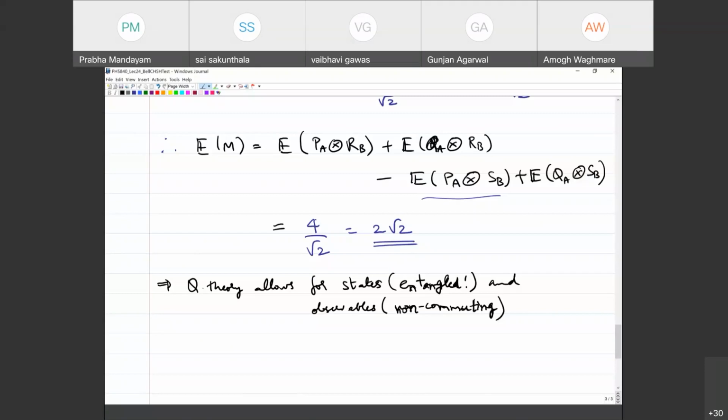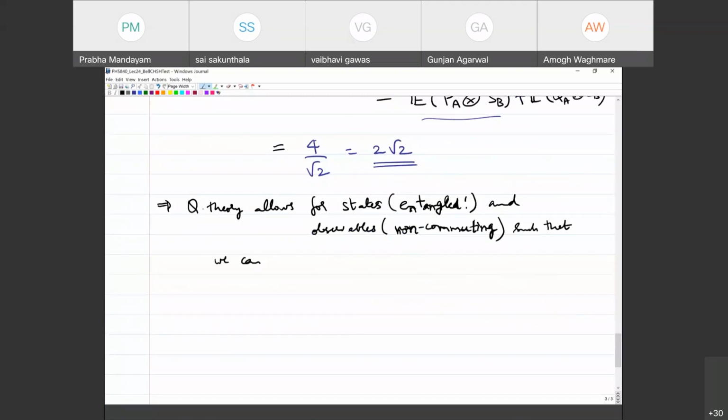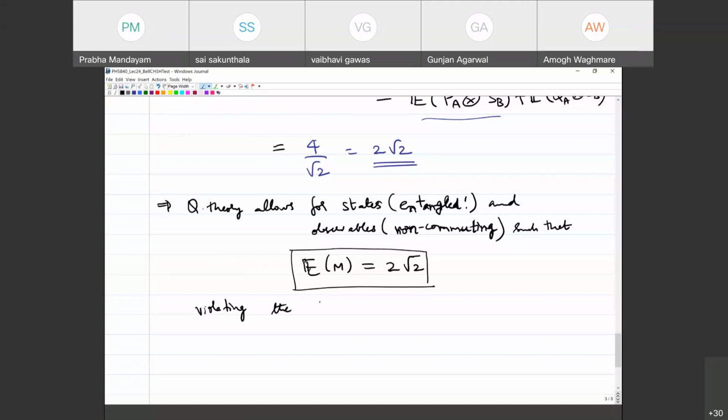So it allows for entangled states, it allows for non-commuting observables, such that we can have this expectation of m to be 2 root 2, which of course violates the bound, right? Violating the so-called Bell-CHSH inequality, which, remember, said that this expectation must be less than or equal to 2, right?